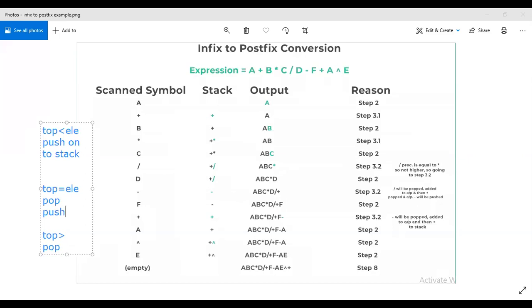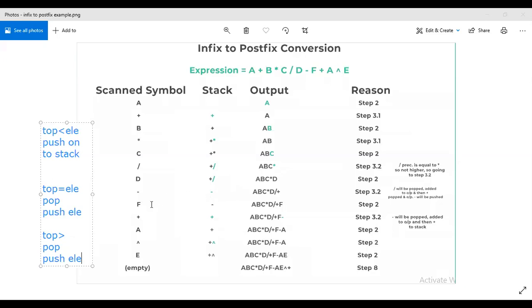In the same way here also, in steps 2 and 3, the same thing we will do. After popping the top of the stack, what I will do? I will push the present operator onto the stack. So in the same way, I pushed minus onto the stack. Now only minus is there on the stack.